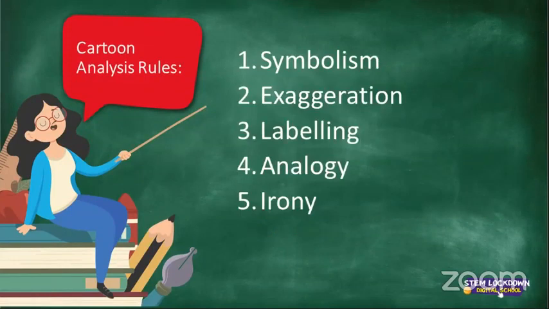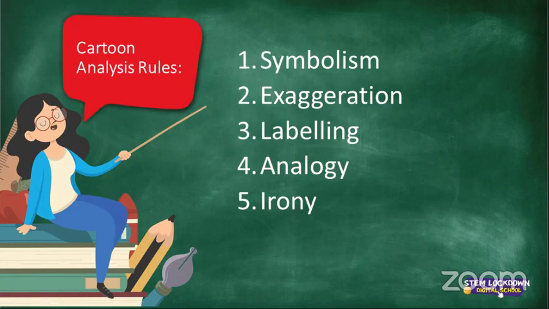spoke about cartoon analysis rules, right guys? What I had said is that we look at it from five dimensions: symbolism, exaggeration, labeling, analogy, and irony. So what did we say about symbolism? Symbolism is the use of objects and symbols that stand for a larger meaning.